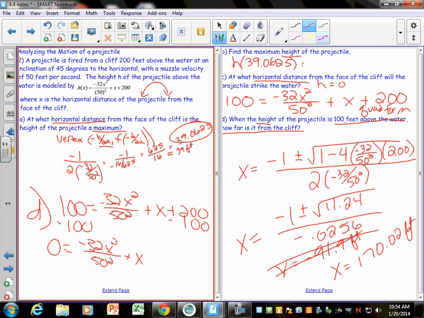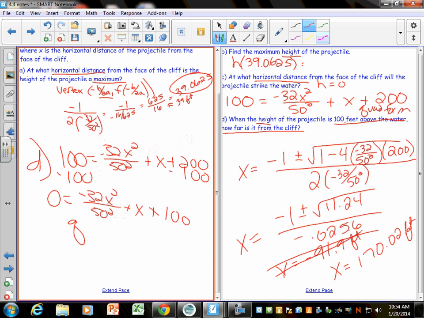So now C is 100 instead of 200. And again, you get one answer that's negative and one answer that's positive. I'm not going to work this all out. I'm just going to tell you that you're going to do the quadratic formula again. And you should end up with like 135.7.